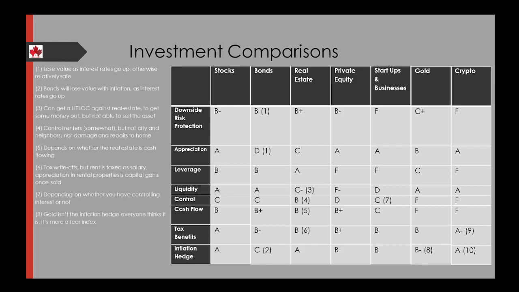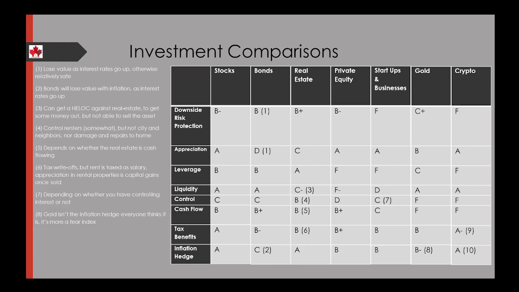I certainly wouldn't say there's any downside protection at all. It lost 60% of its value through 2022. It had good appreciation prior to that, but you're really just depending on other people bidding up the price. It has no intrinsic value, and so the appreciation, I think, could be anything from an A to an F.